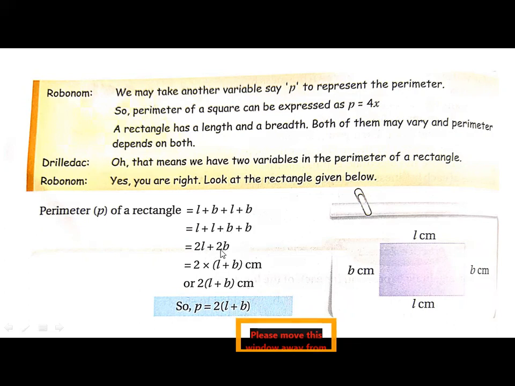Now we regroup by taking the number 2 outside, writing 2 into bracket of L plus B. We have already discussed that in multiplication we can omit the sign, so we can write it as 2 into L plus B. Hence, the perimeter of the rectangle is 2 into L plus B. Here, 2 is the constant and L and B are the variables used.